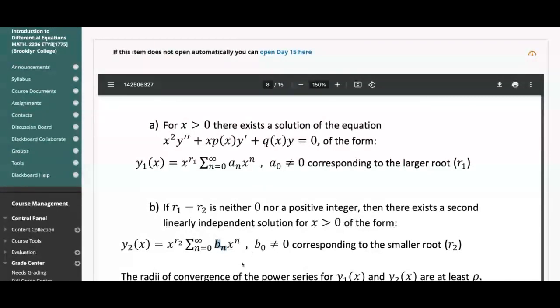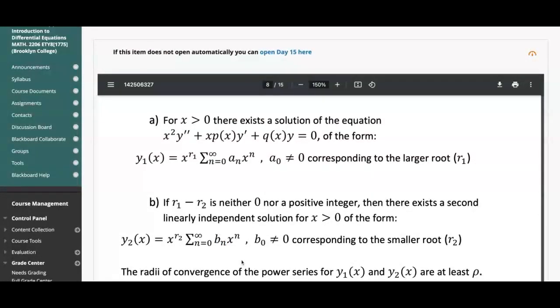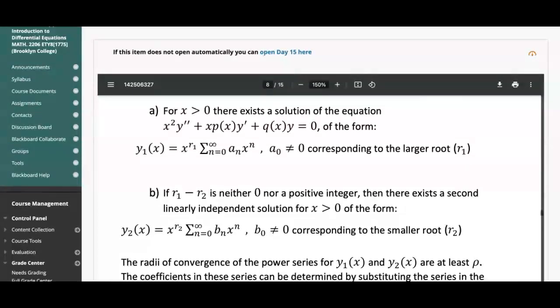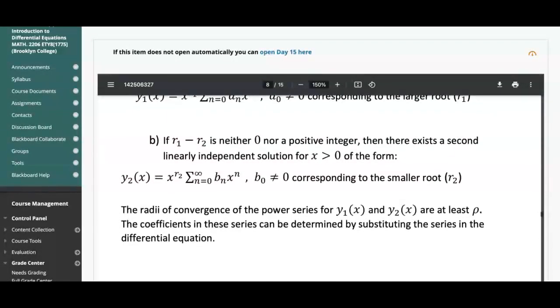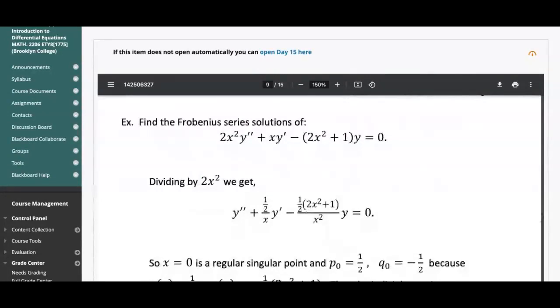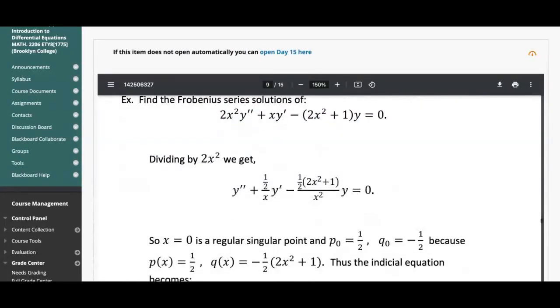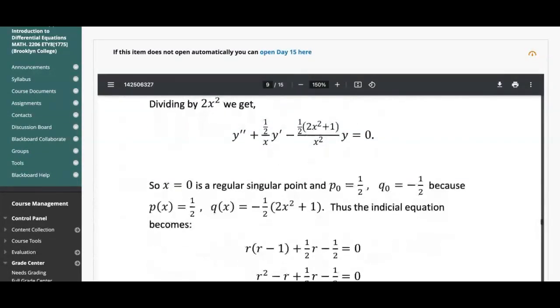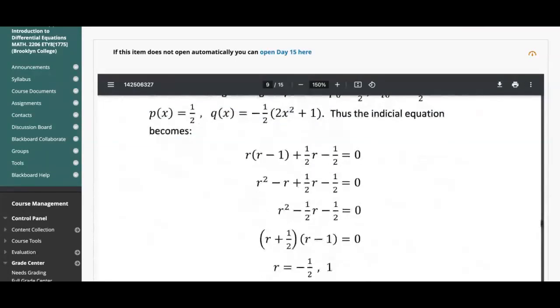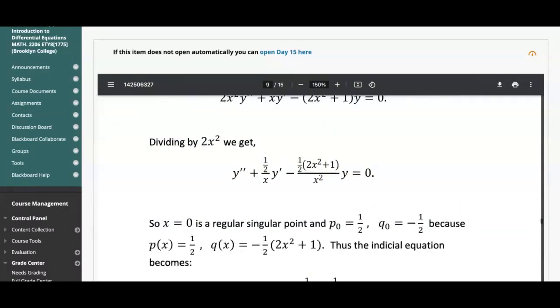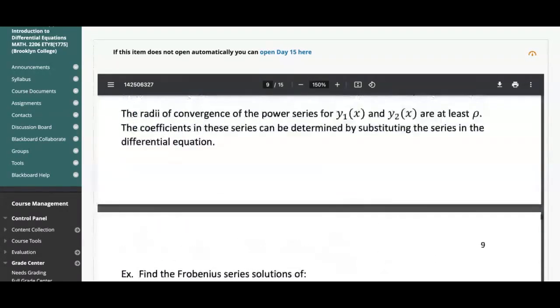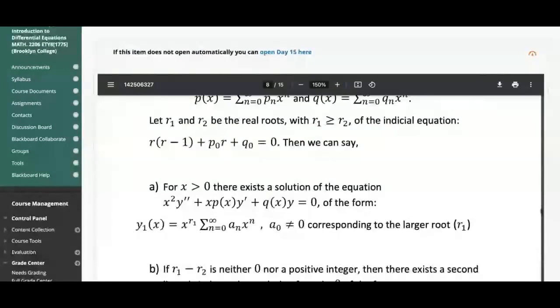Do you have a question for this one for the final? You just give us a function and then we figure out what y1 and y2 are. Do you have an example for that? We did have examples to use this.